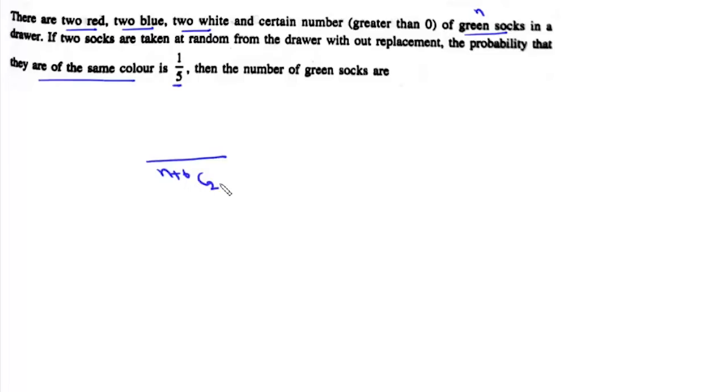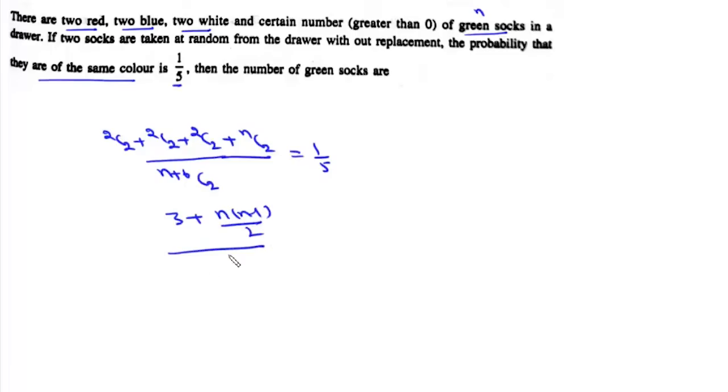Now favorable cases, when both of them have the same color, so it could be either 2 red, so it will be 2C2, or 2 blue, or 2 white, or 2 green, and this probability is 1 by 5. Now this is 3 plus n(n minus 1) by 2, and here it is (n plus 6) into (n plus 5) divided by 2, and this is 1 by 5.